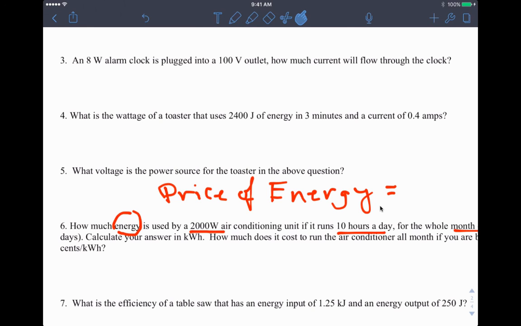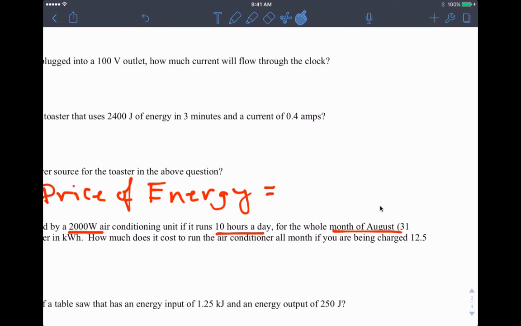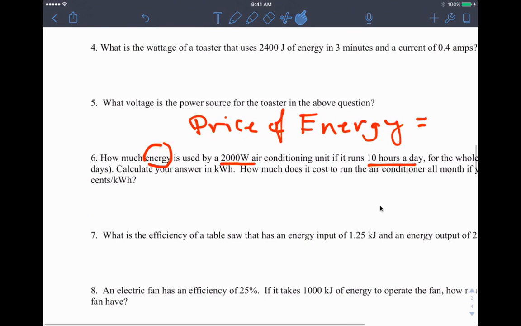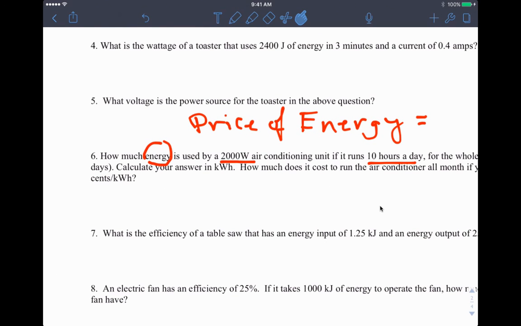And so in this question, it says how much does it cost to run the air conditioner all month if you're being charged, it looks like, 12.5 cents per kilowatt hour. So it wants to know what the cost will be. For questions like this, the first thing you do is determine energy in kilowatt hours.